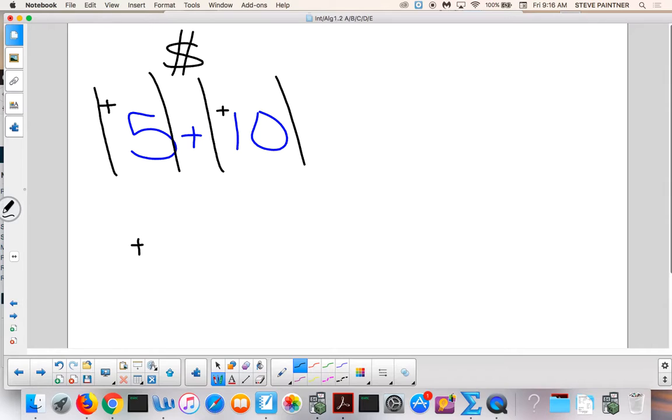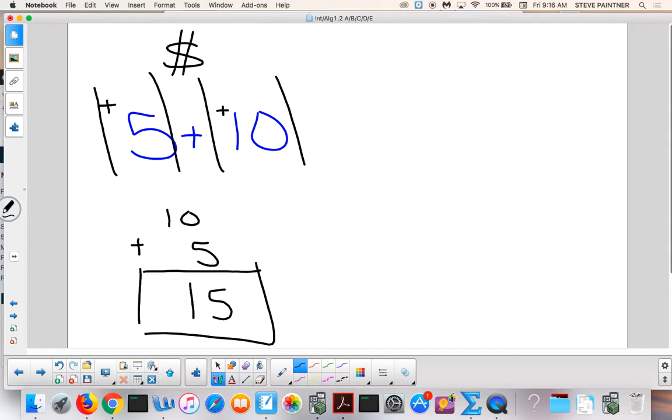And then you add them. So you say 5 plus 10, and 5 plus 10 is 15. Then they say because they're both positive, just keep the sign positive. If you win some money, plus you win some money, you're going to have money. That's a positive, right?